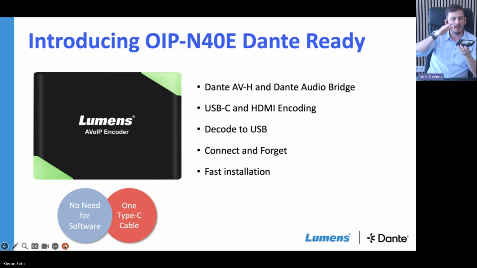It will then, as a decoder, convert audio and video to USB, and after a while it will take your whole screen on the DisplayPort and send that back on the network as a Dante AVH signal to a decoder behind the screen, for example, and to the DSP. So this device is multi-purpose: first, a way to get an HDMI signal onto the Dante network, or a way to become an encoder and decoder over a Type-C cable.